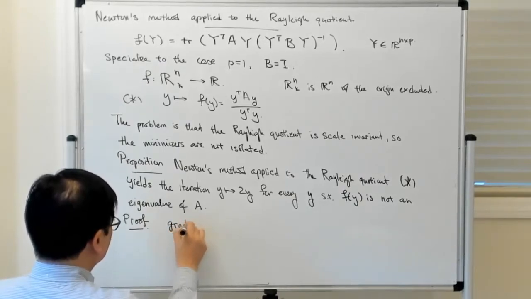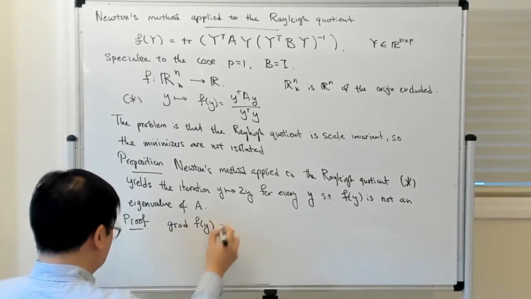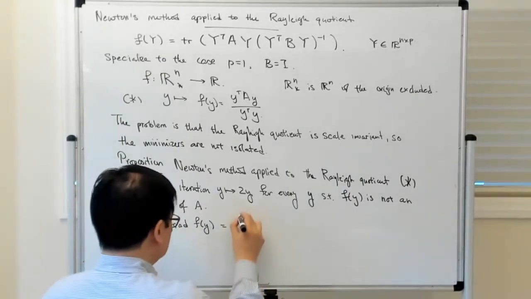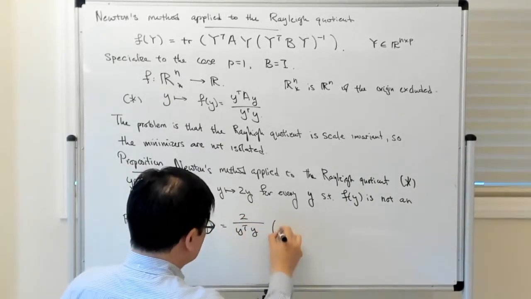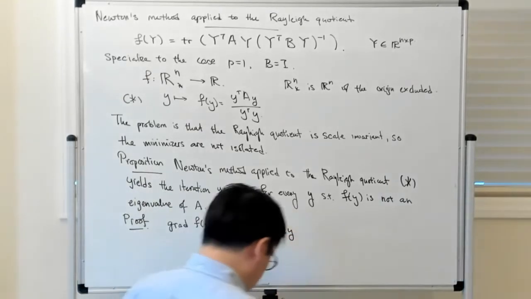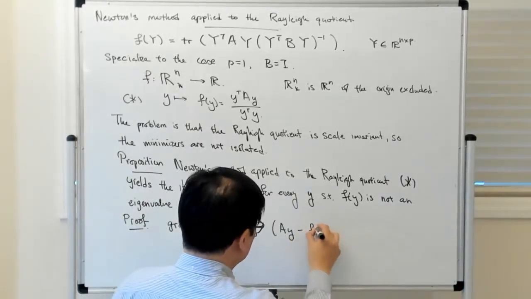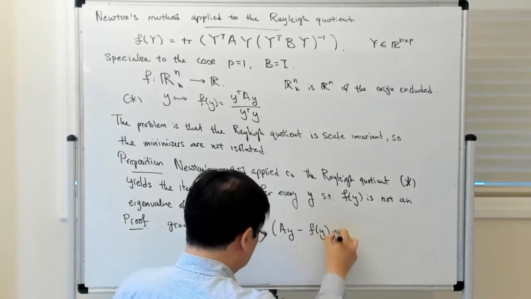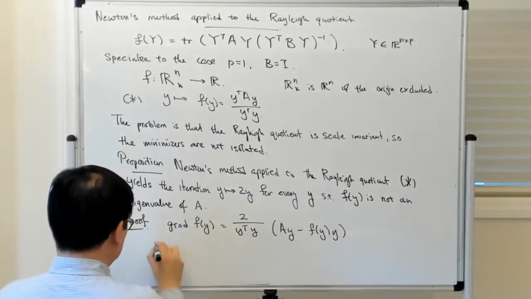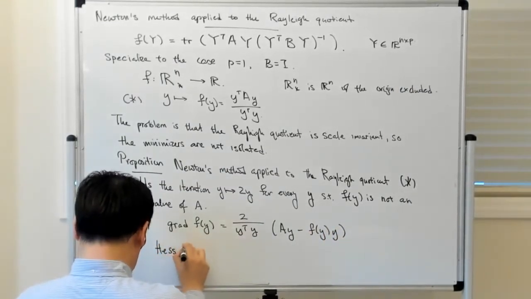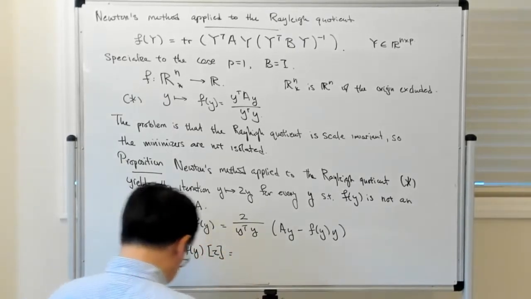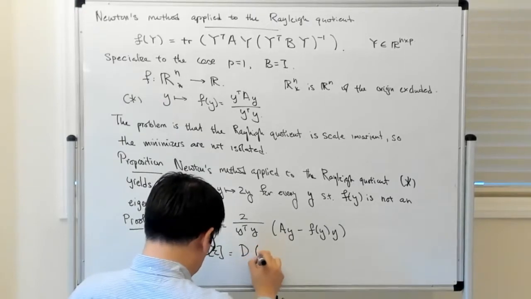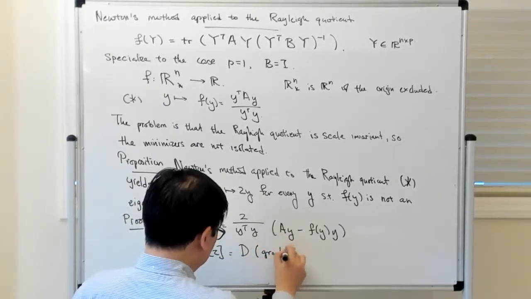So you can check that the gradient of f of y is equal to 2 over y transpose y, (Ay minus f(y) y), and the Hessian of f at y in the direction z is equal to the linearization of the gradient of f.